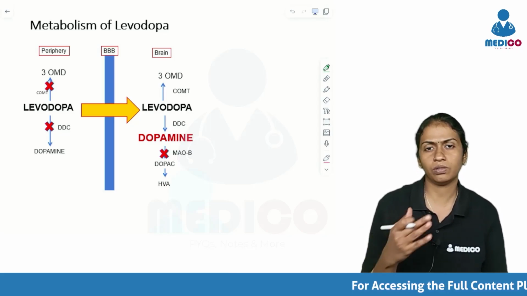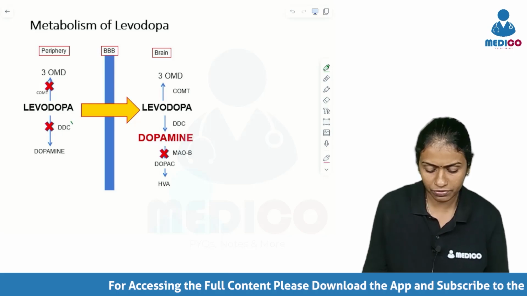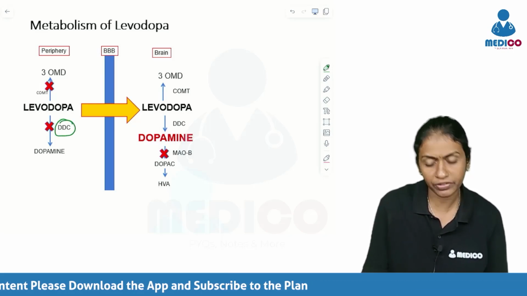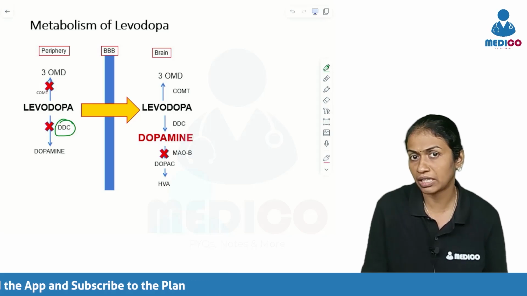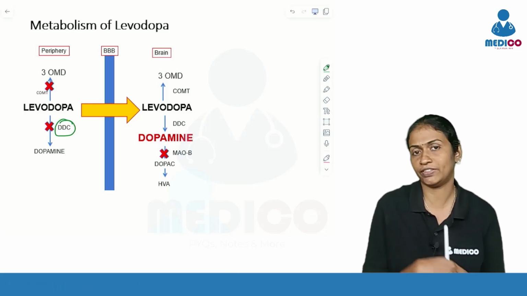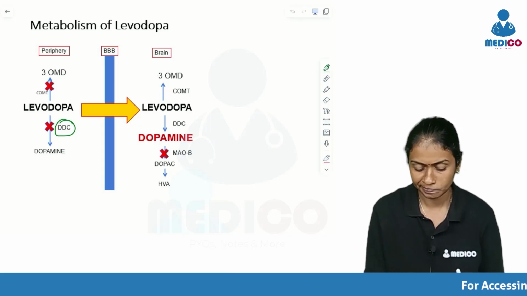Only 1 to 2%, a very small amount, crosses the blood-brain barrier. So here you have the dopa decarboxylase enzyme. So we have to give a peripheral dopa decarboxylase enzyme inhibitor so that more of levodopa crosses the blood-brain barrier and reaches the site.